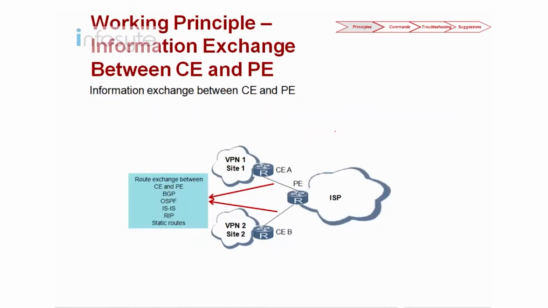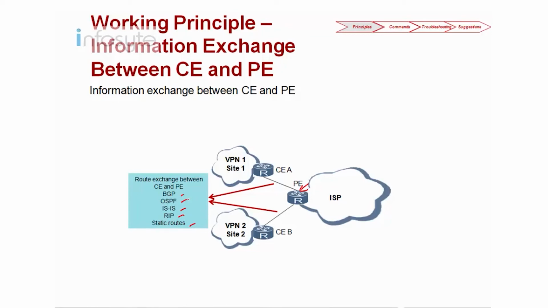And the last one over here is the working principle, the information exchange between the CE and the PE. First, the PE equipment needs to learn the route from the CE side. For the route exchange between the CE and PE, they can run any routing protocol, even a static route. They can run BGP, OSPF, ISIS, RIP, or a static route.